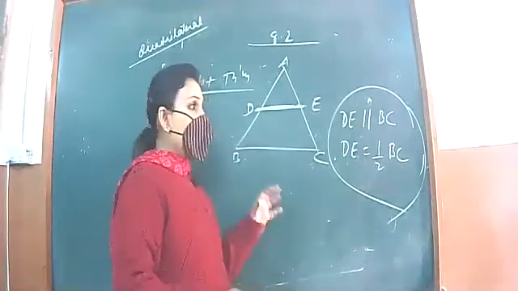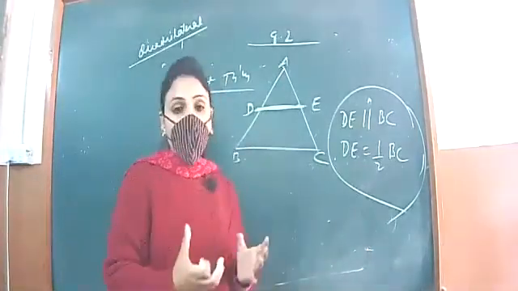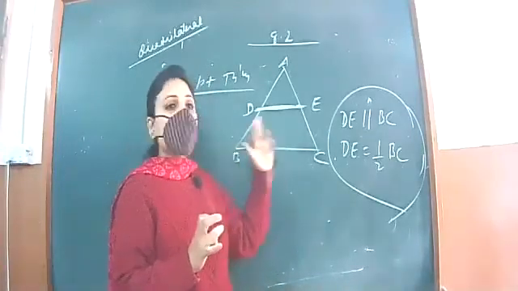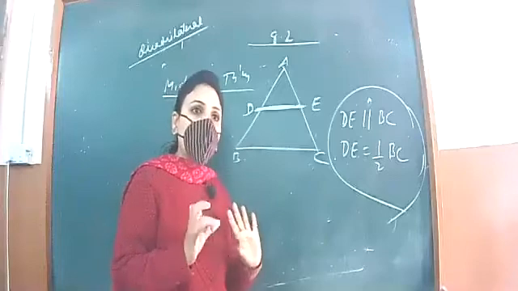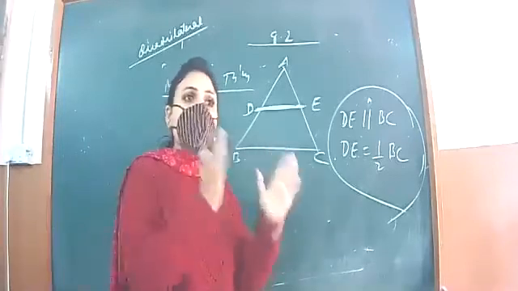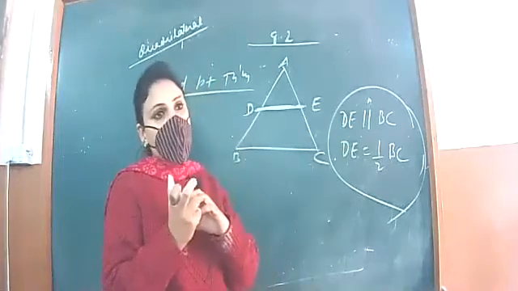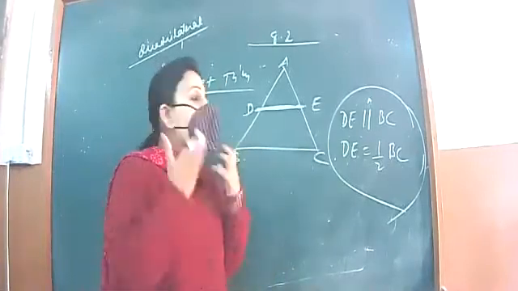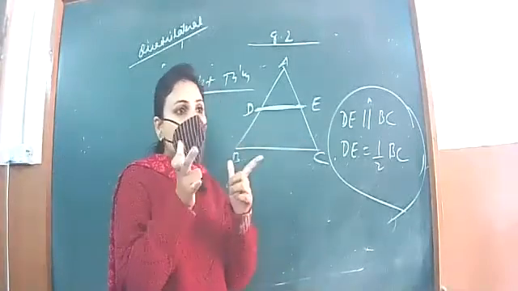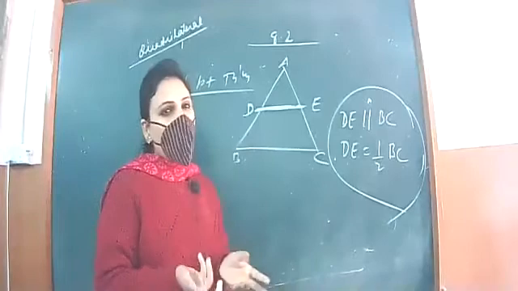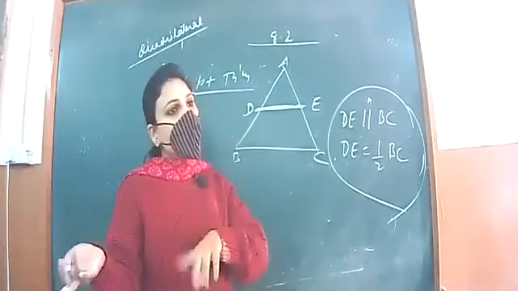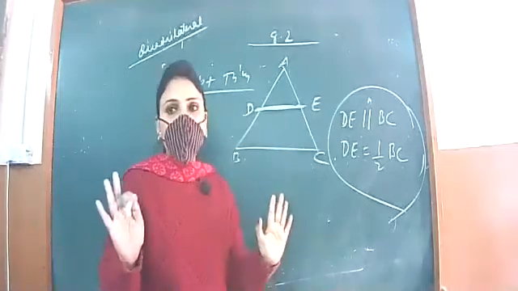That means what we are having in midpoint theorem, we have a triangle, two sides and their midpoints. क्या क्या given होता है midpoint theorem में? एक triangle, दो sides उसकी और उनके midpoints. और हम करते क्या है? हम उनके midpoints को join कर देते हैं. After joining, we get a line. एंड उस लाइन का हशर क्या होगा? It will be parallel to the third side and equal to half of its length.